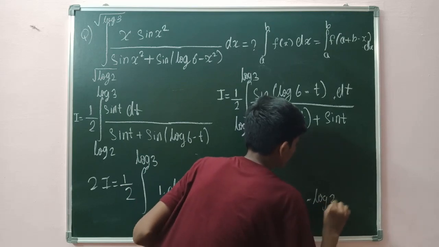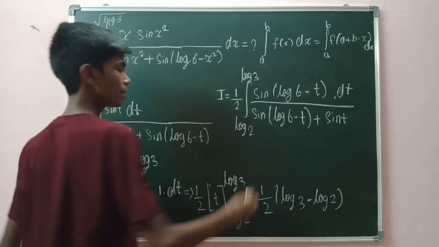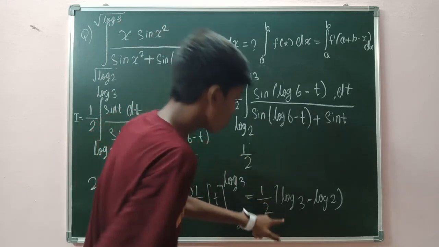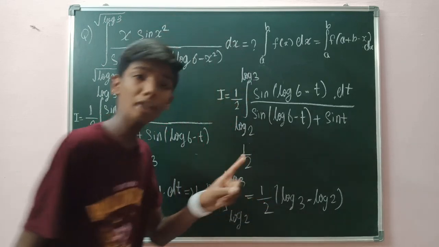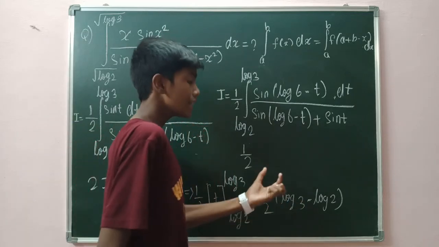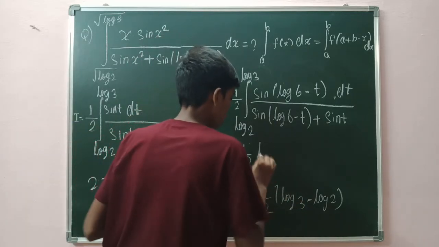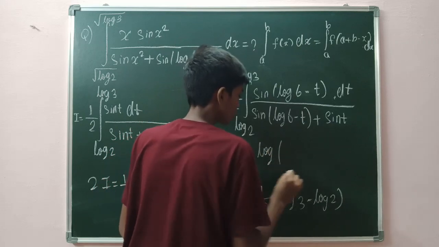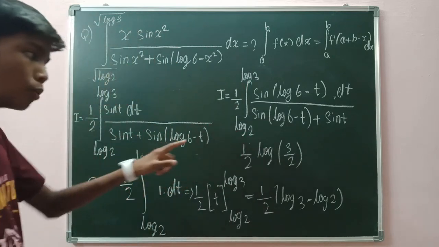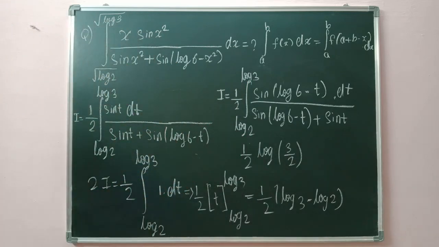So now if we solve it up, I'll get 1 by 2 into log of 3 minus log of 2. It will not be log of 6. It's subtraction here, not addition. Hence you need to divide the inside value. That will be log of 3 by 2. Log 3 minus log 2 is a basic property of logarithm. Will 1 by 2 into log of 3 by 2 be the answer? Nope.